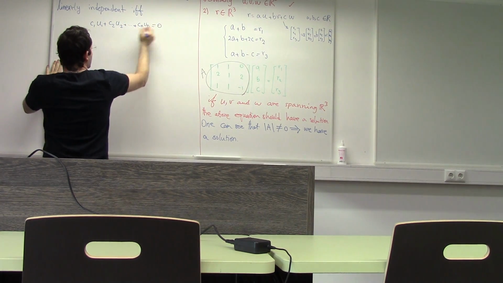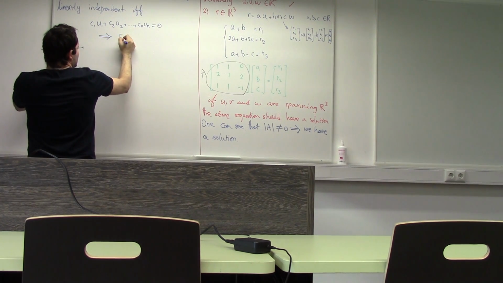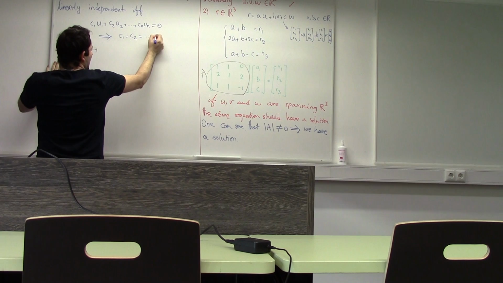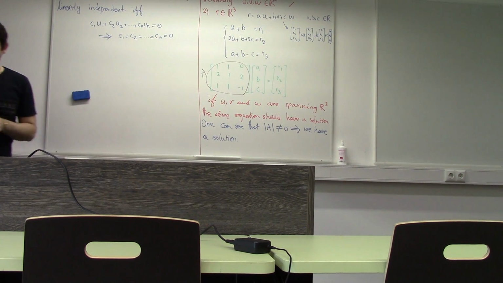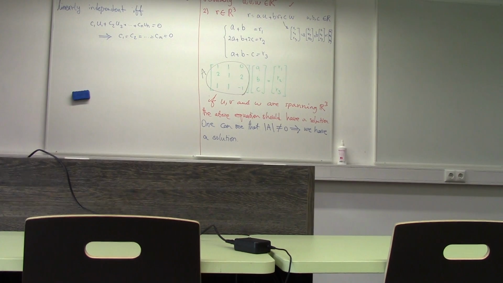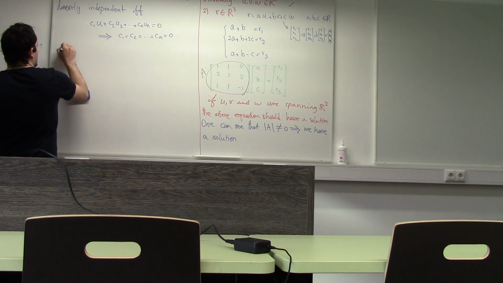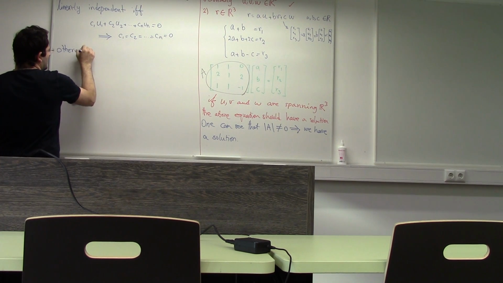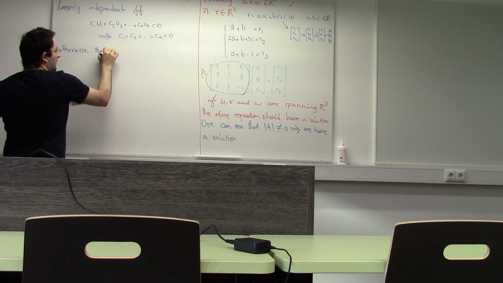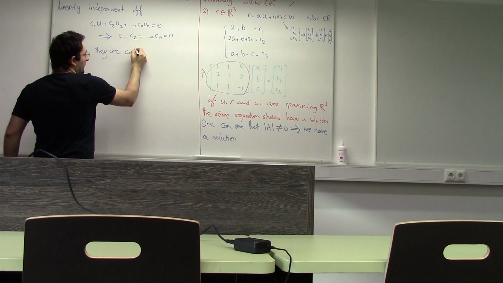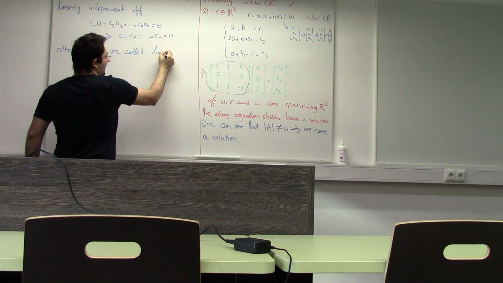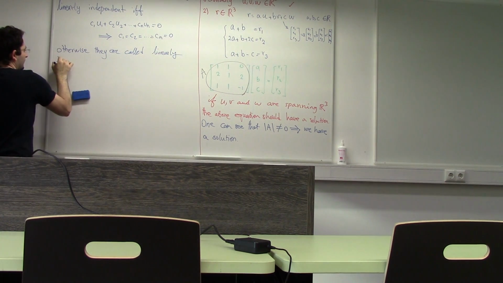If this is 0, then C1 is equal to C2 is equal to Cn is equal to 0. If the linear combination results in 0, it has only one answer for the coefficients, which means that all the C's are 0. Otherwise, they are called linearly dependent.